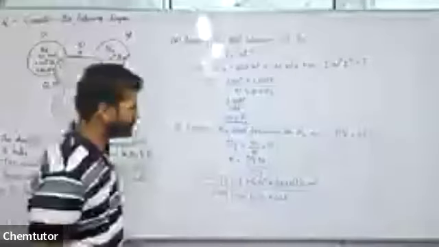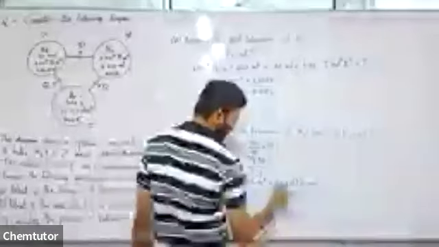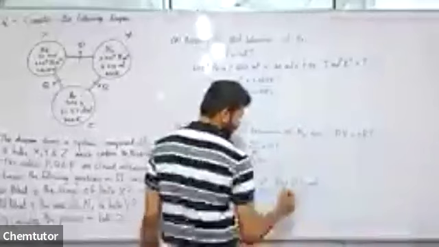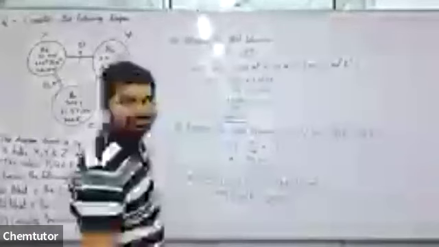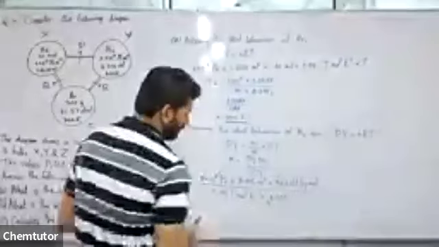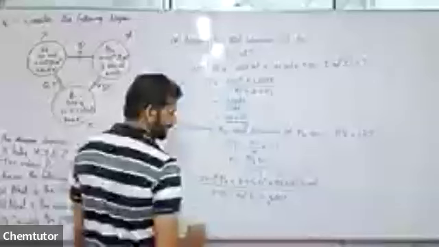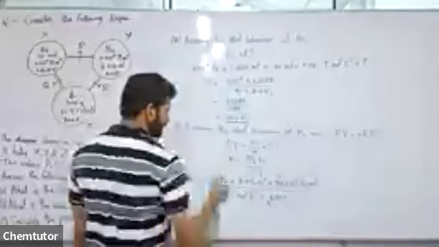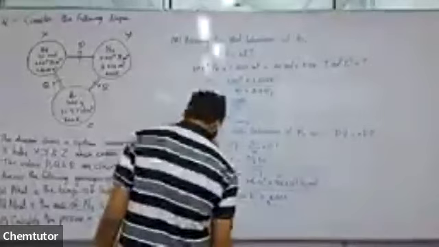Or else we can cancel off 4 and 7 over here, because 4 times 7 is 28. Then the answer will be 40 into 10 to the power 2 times 10 to the power minus 3. Then the answer will be 1.4 kilograms.